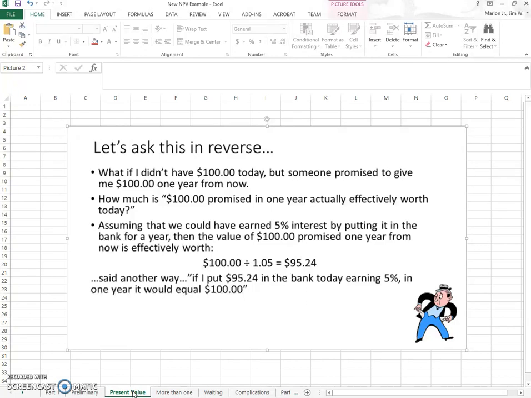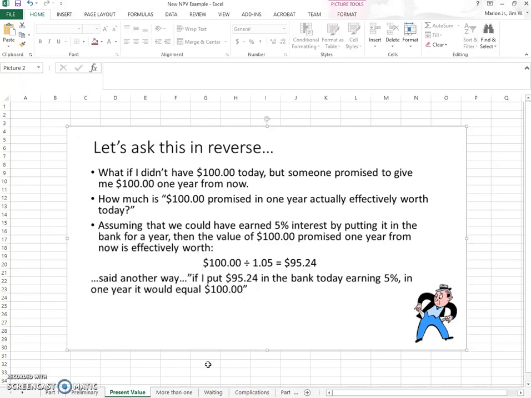To help think of this in a common sense way, this is like saying if you had $95.24 and you put it in the bank today, at 5% in 1 year, that would equal $100. Okay, so the present value of $100 in the future, assuming 5% and assuming 1 year time, is 95.24.